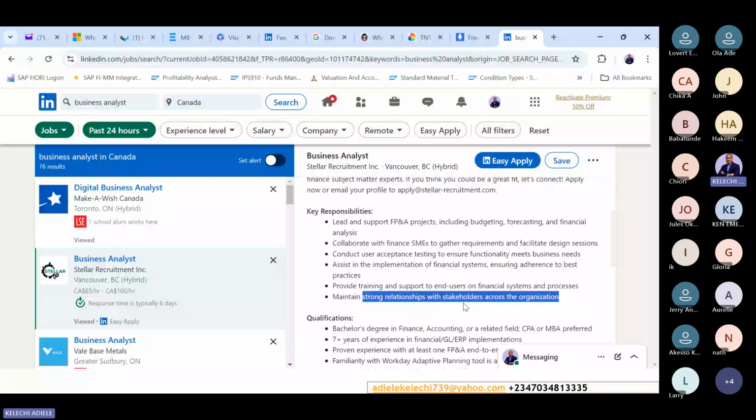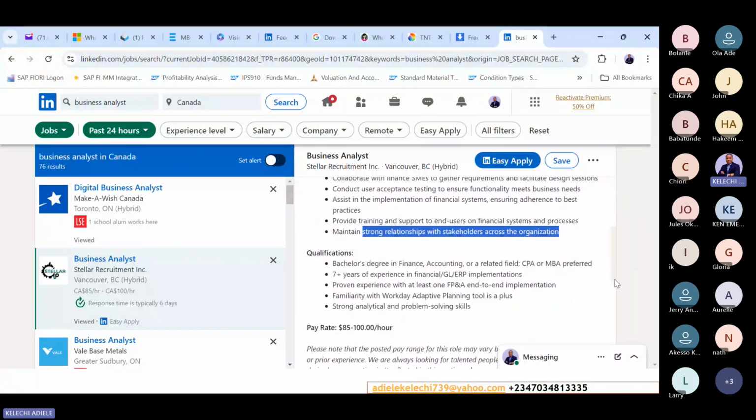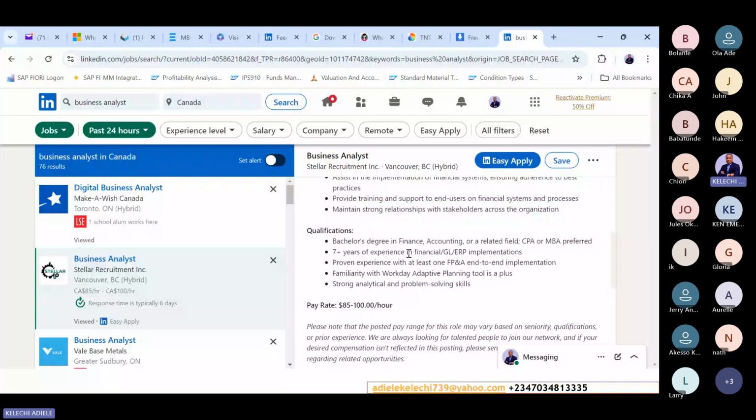You might need to be an SME with some finance background. You can also see the qualification: degree in finance, 7 years experience, understand these finance related activities, strong analytical and problem solving skills. So this is just a confirmation of everything that I've said about the role and responsibility of a BA.